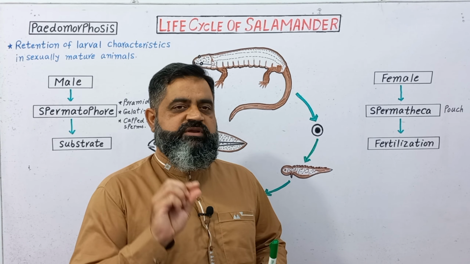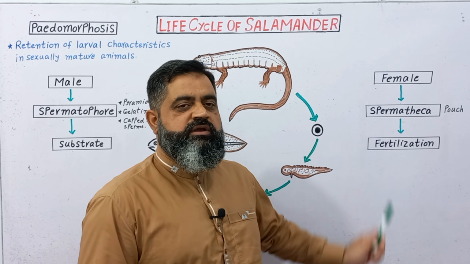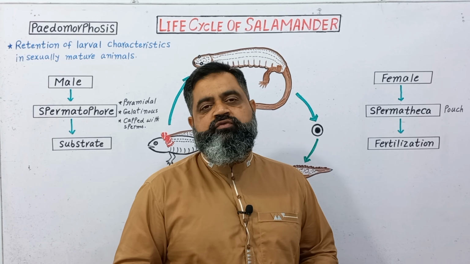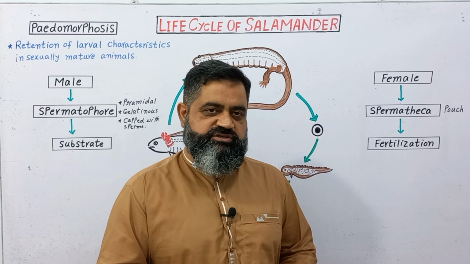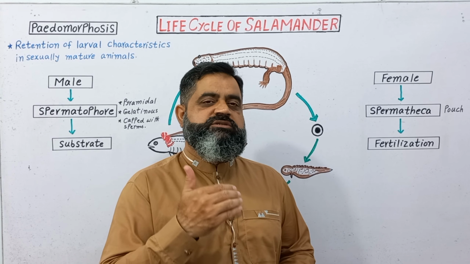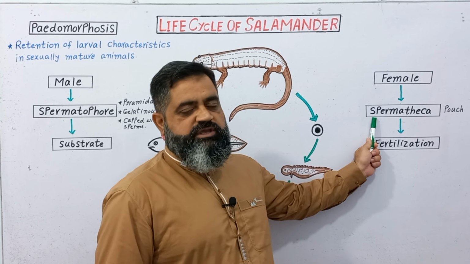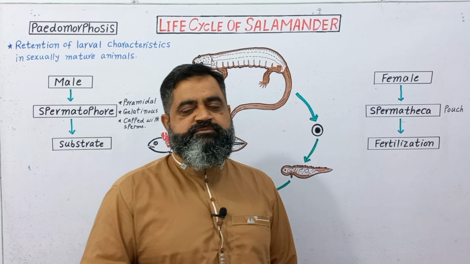So female body picks up spermatophore with the help of cloaca, and sperms present in the cap of spermatophore are stored in a small pouch-like structure which is located just near the cloaca, the spermatheca. So spermatheca is a pouch which can store sperms.